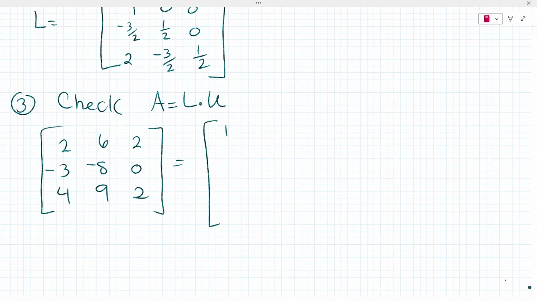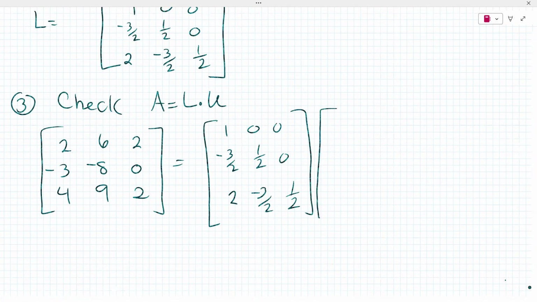So that's 1, 0, 0, -3/2, 1/2, 0, 2, -3/2, 1/2. And then your U was 2, 6, 2, 0, 2, 6, 0, 0, 14.